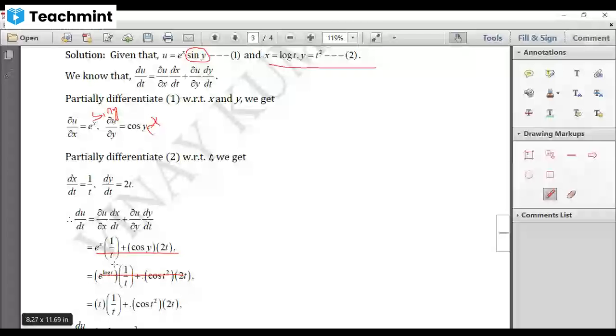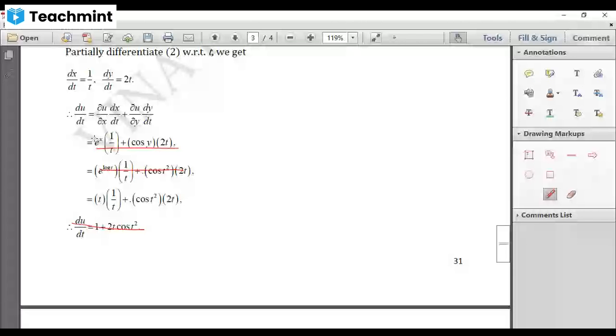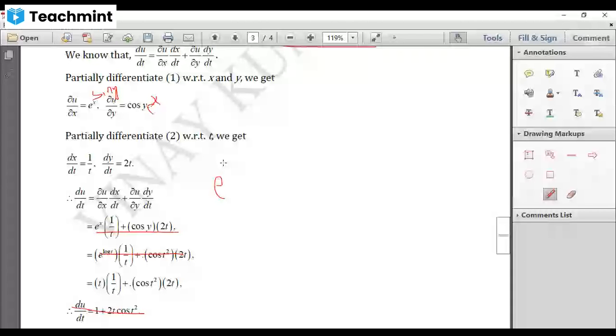Okay. This is also not correct. Make the correction. Just substitute. What is your dou u by dou x? e to the power of x into sin y. And what is your dx by dt? 1 by t. Plus, what is your dou u by dou y? e to the power of x into cos y.